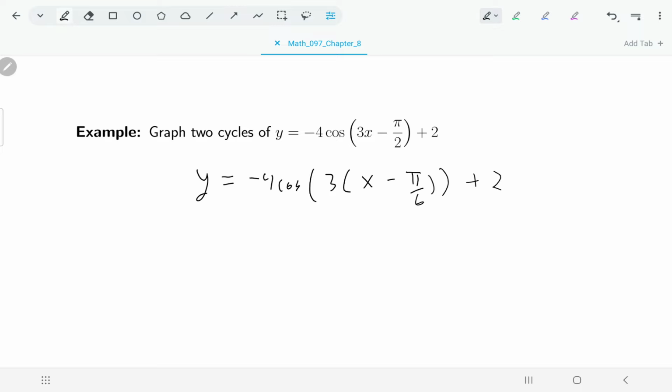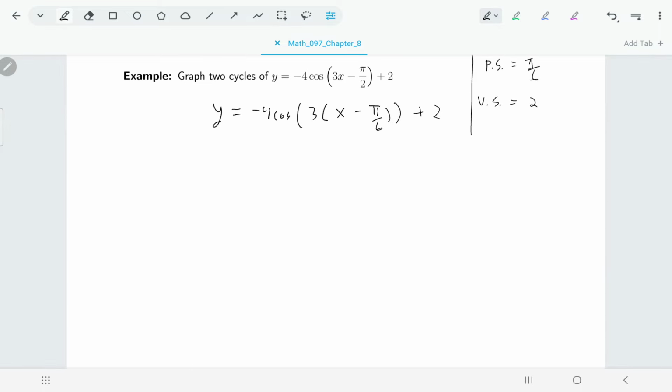And there we go. So I already know in advance for later on that I've got a phase shift of positive pi over 6. And I've got a vertical shift of positive 2. So later on, I'll be adding pi over 6 to all of my x values. And later on, I'll be adding 2 to all of my y values.